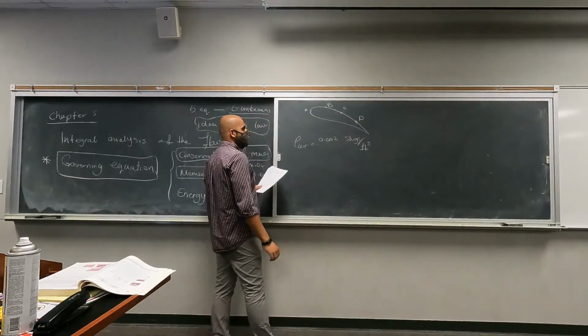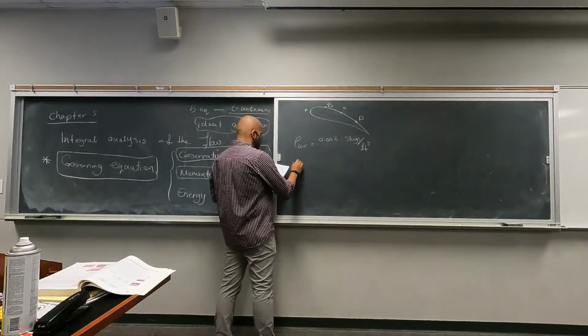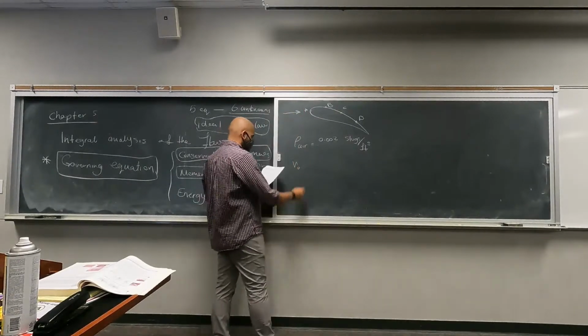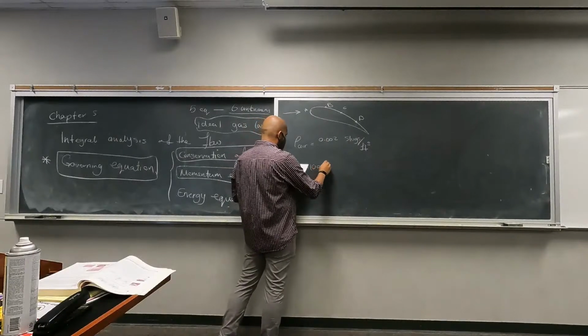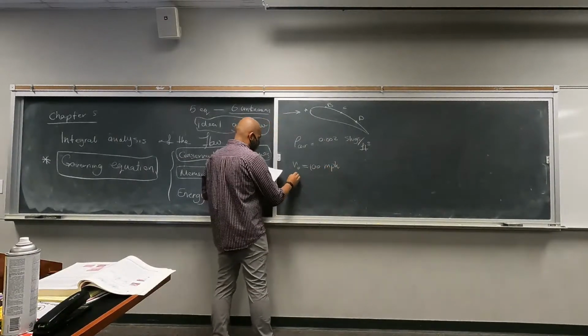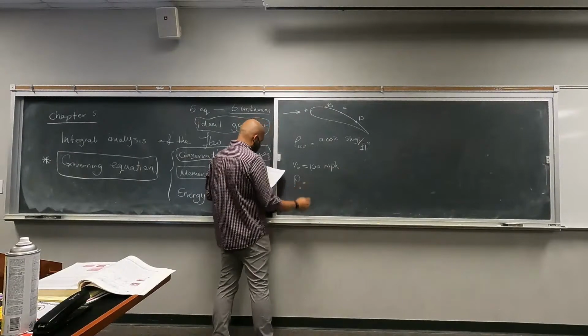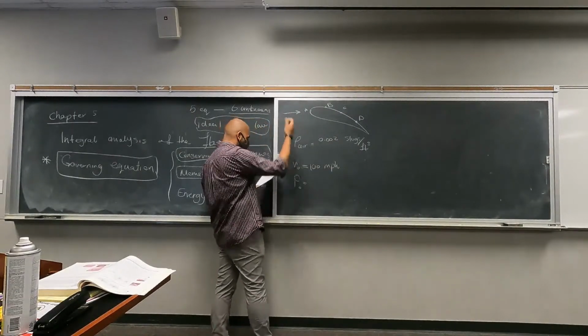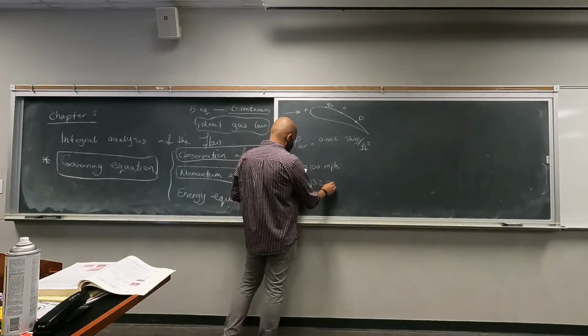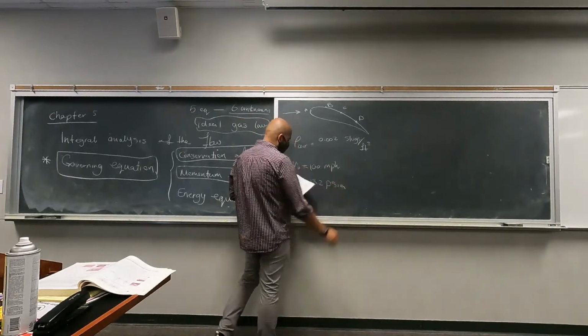VA, VB, VC, VD. We are also given the V naught, which is the velocity of the free air stream. This is 100 miles per hour. We are given the P naught. The pressure here, any point here, is 13.2 psi A.